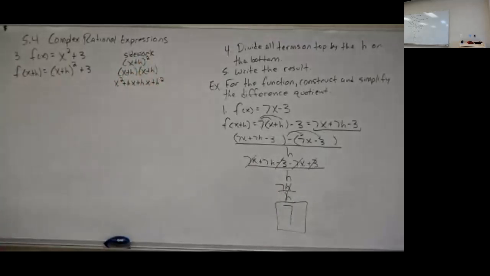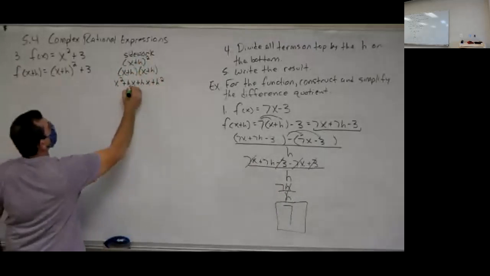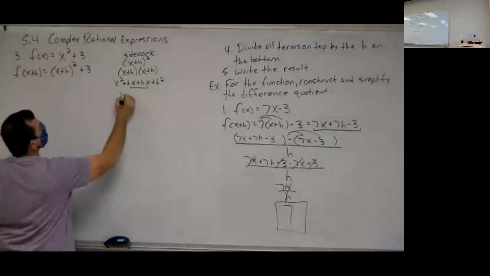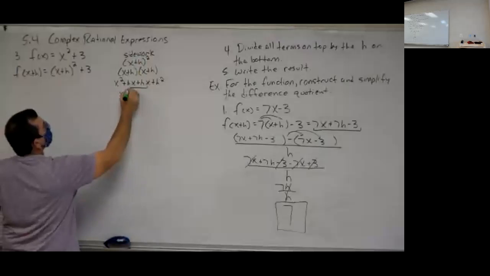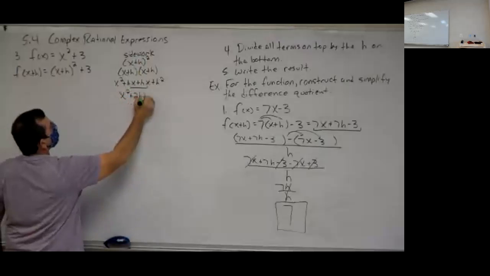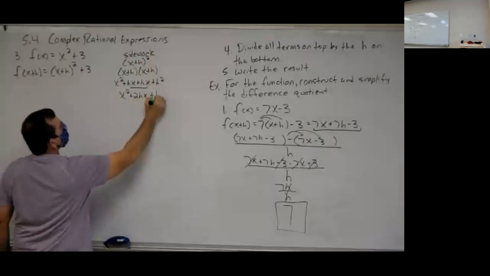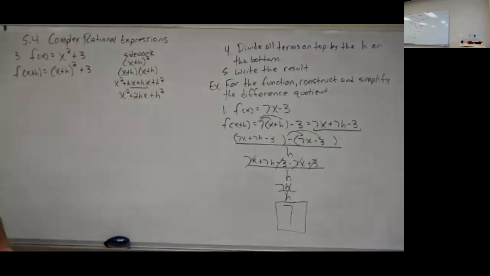So I'm going to add my terms in the middle to get the like terms, because the hx's will add, so you should get an x squared plus 2hx plus h squared.